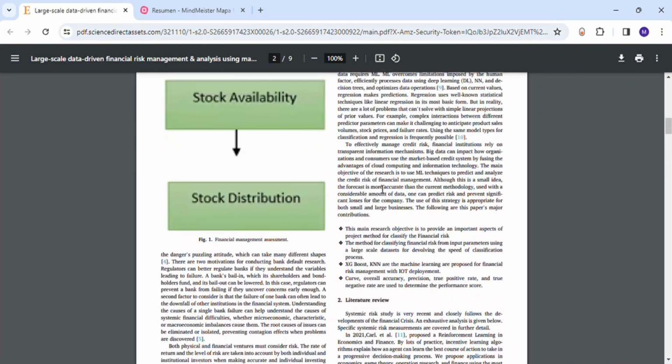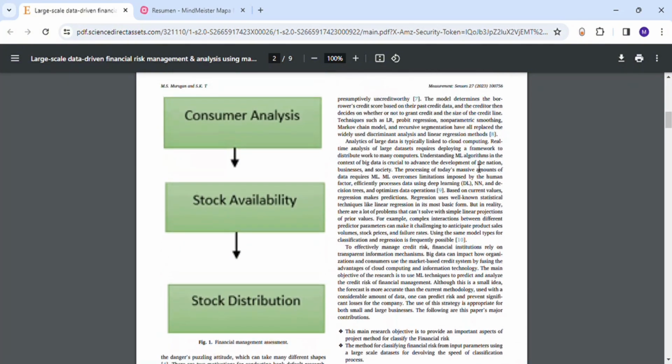Otherwise, the client is presumptively uncreditworthy. The model determines the borrower's credit score based on their past credit data, and the creditor decides on whether or not to grant credit and the size of the credit line.